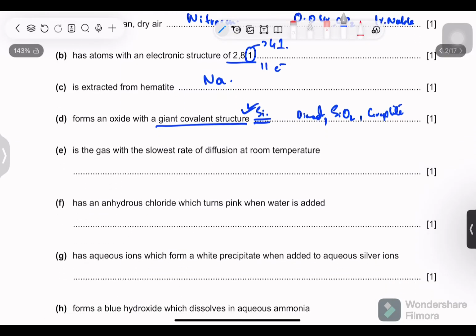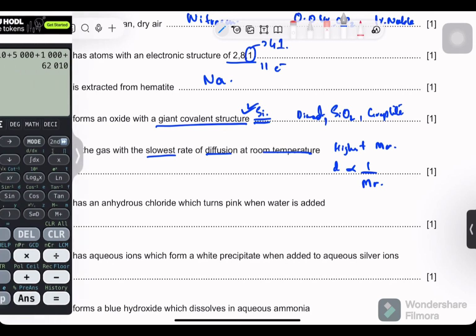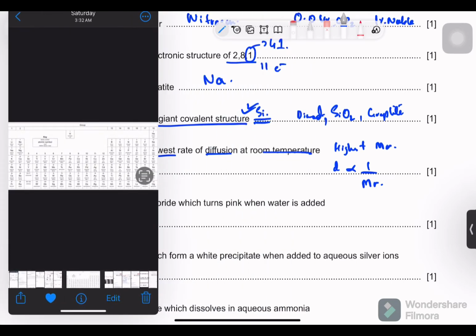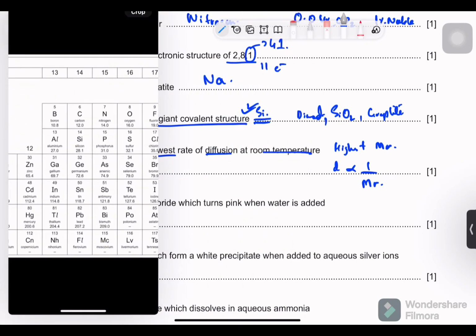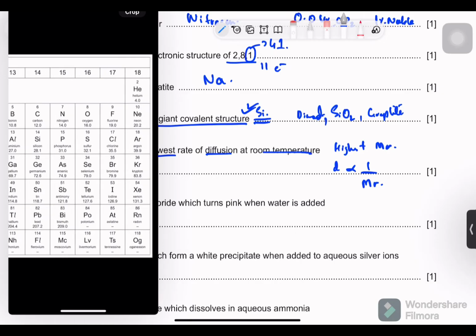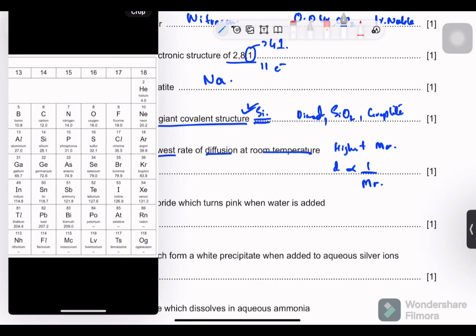Is the gas with the slowest rate of diffusion at room temperature. So the slowest rate of diffusion means it should have the highest Mr, as the rate of diffusion is inversely proportional to Mr. So that will be, if you look at the periodic table, the highest Mr of the first 30 elements.